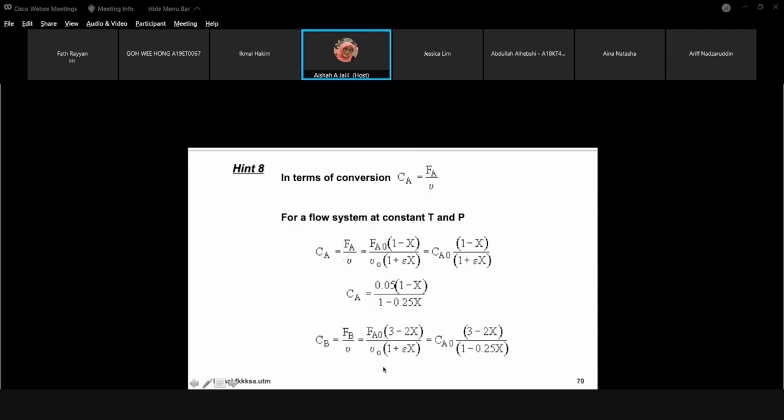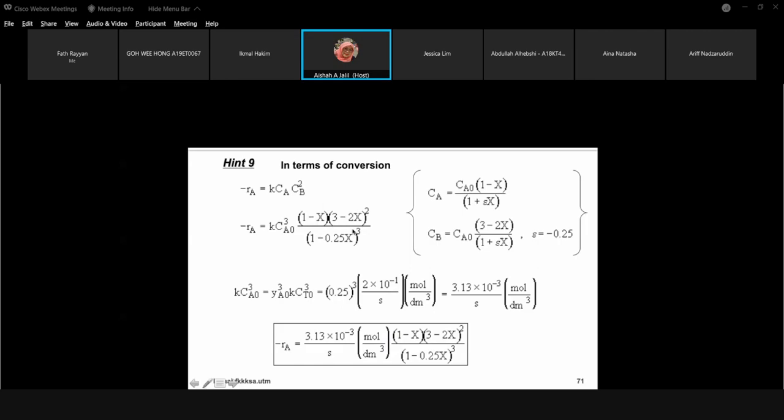So CA becomes like this, CB becomes like this. So if the rate law becomes like this, you just put that one. If they give you values for CA, CB like this, you can get this one, all the negative rA in terms of X.